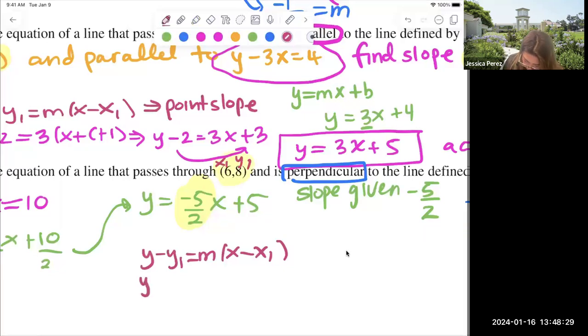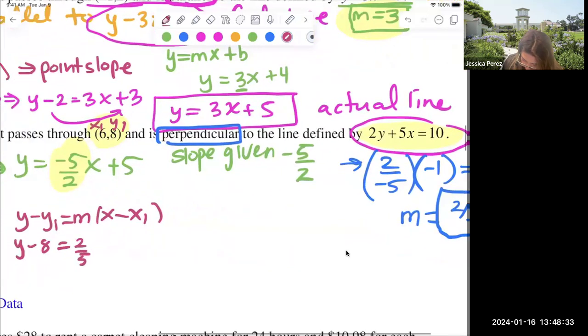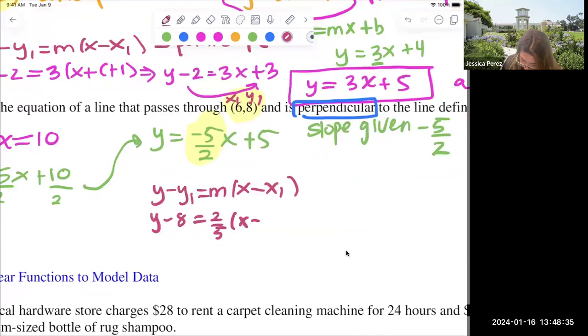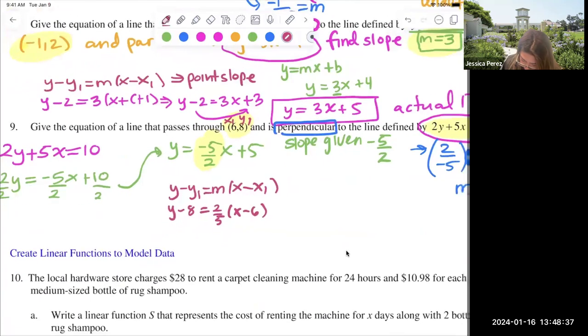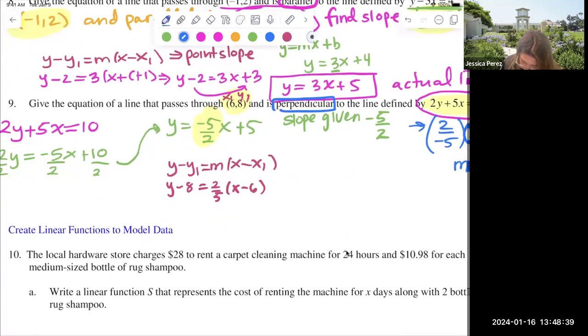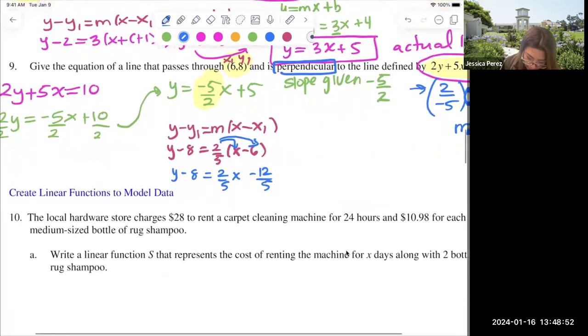So I have y minus 8 equals 2/5, my slope, times x minus 6. And then I'm going to clean it up. y minus 8 equal 2/5 x minus 12 over 5 by distribution, like so. Multiply fractions by multiplying the numerator. And then last piece, we bring the 8 over to both sides.